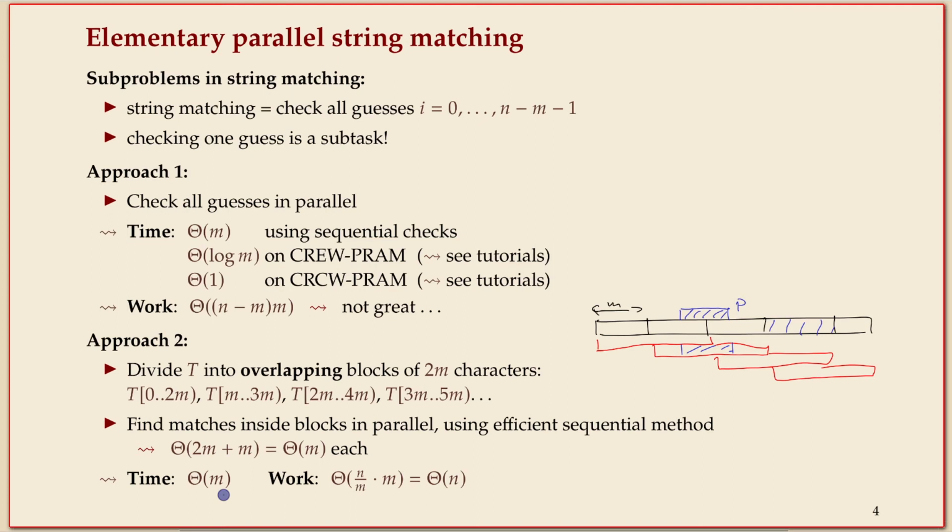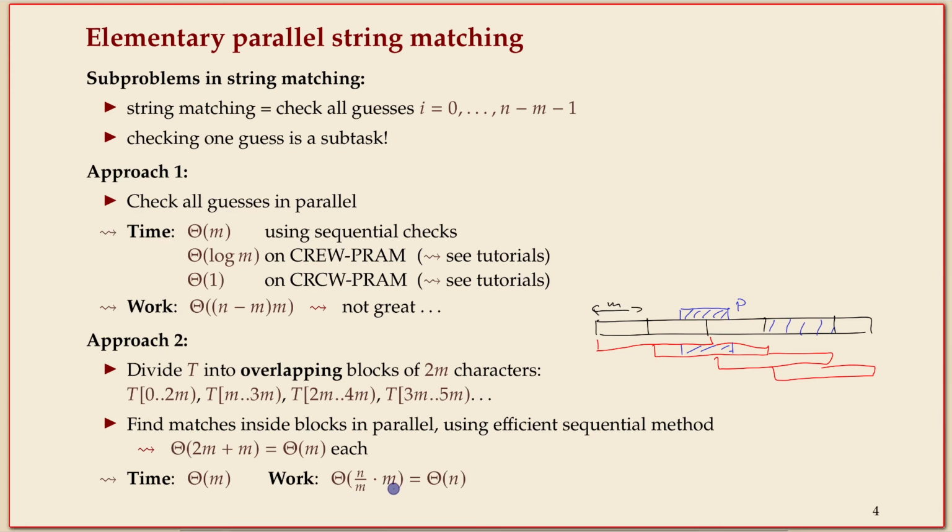What we achieve with this simple method is parallel time m. That's as here, but we've seen you can do better. The positive side is the work is efficient, because this comes down to n divided by m times m. That's the number of blocks, right? N divided by m, with a factor of 2 that is omitted in the theta.